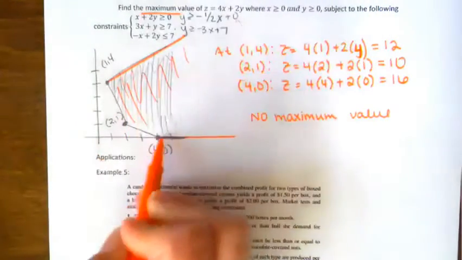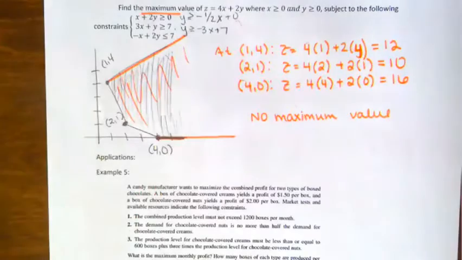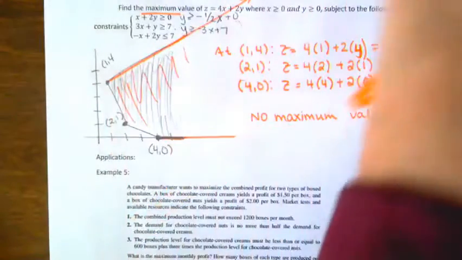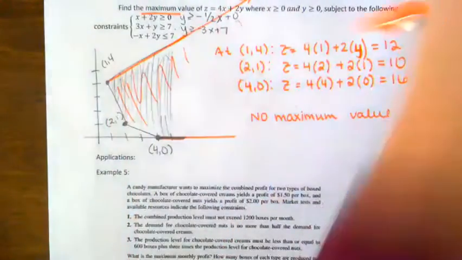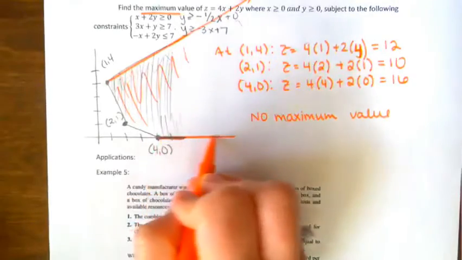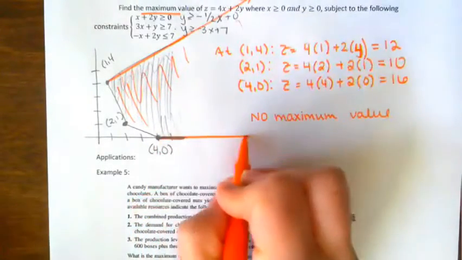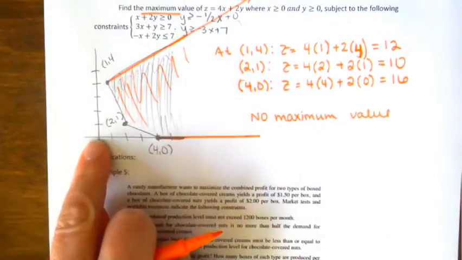My y's cannot get lower than 0, can they? No, but my y's can keep going up because this line keeps extending. Whereas here, because y has to be greater than or equal to 0, it has to stop at 0, right?